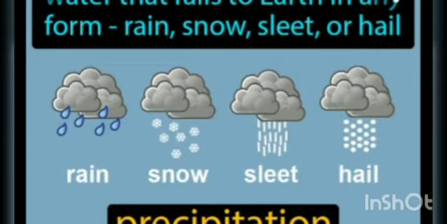Third one, precipitation. They become rain-bearing clouds and fall back onto the earth's surface by the process known as precipitation. This may occur in the form of rain, hail, snow, or dew, depending upon the temperature condition.